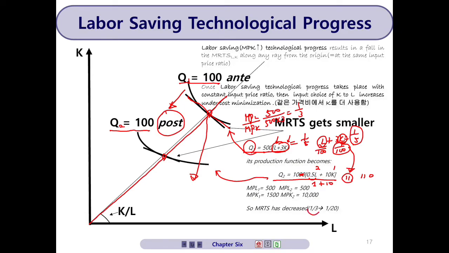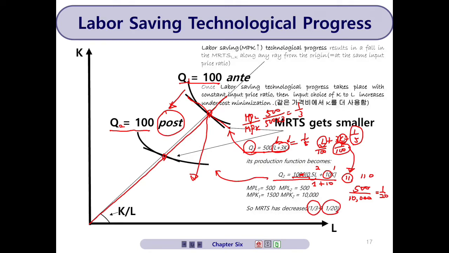What about here? MPL is the same 500, but MPK is 10,000. So we can erase these two, and 1/100 becomes 1/20.